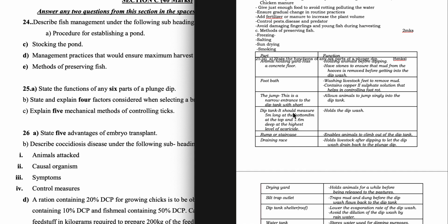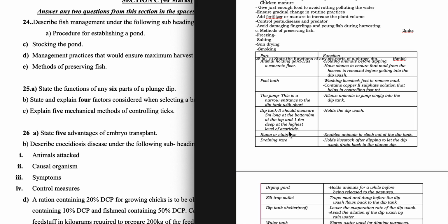Dip tank, it should measure 5 meters long at the bottom, 8 meters at the top, and 1.6 meters deep at the highest level.